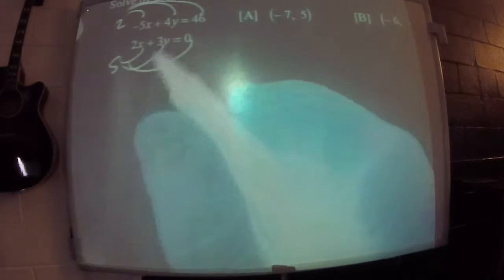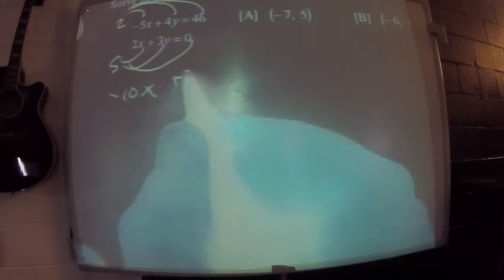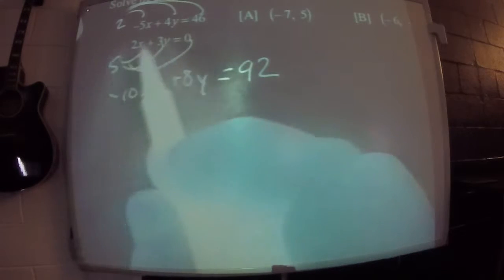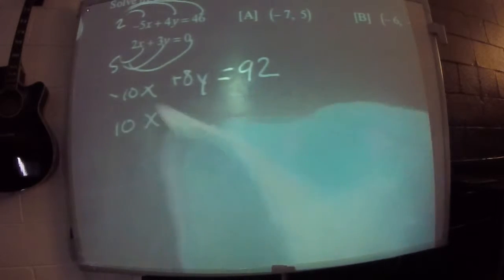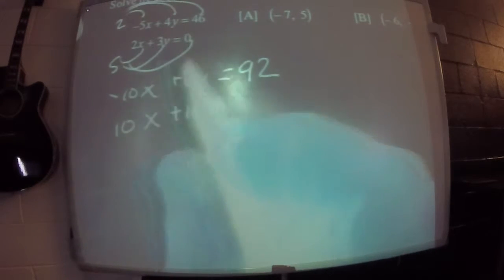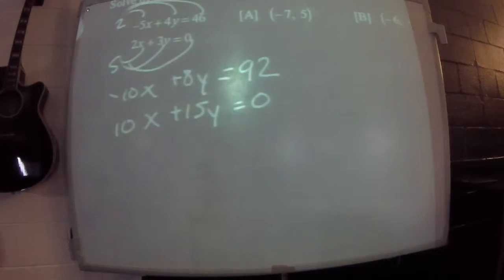So the top one is going to be -10x plus 8y equals 92. And the bottom is going to be 10x plus 15y equals 0.